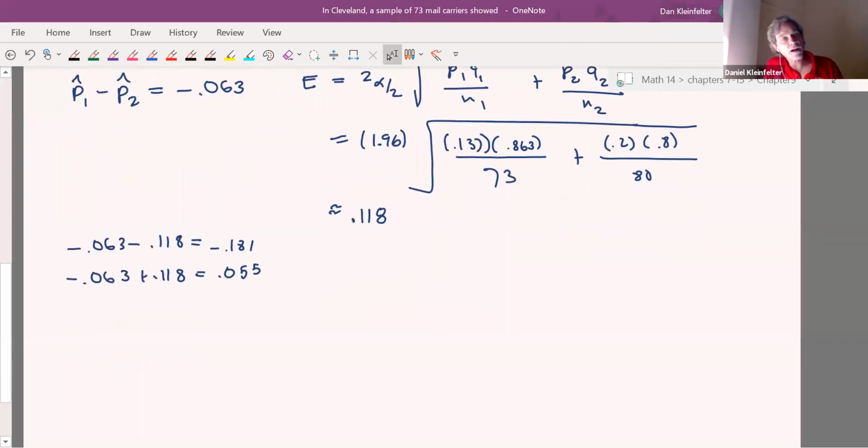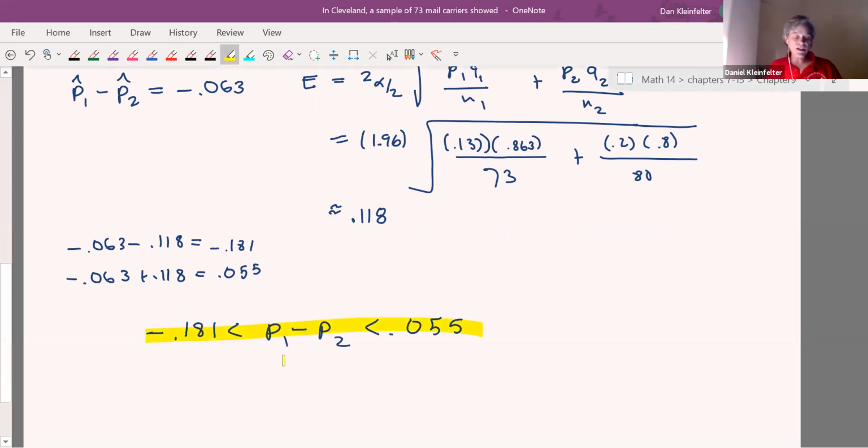Okay, so then our 95% confidence interval is from negative 0.181 up to 0.055.